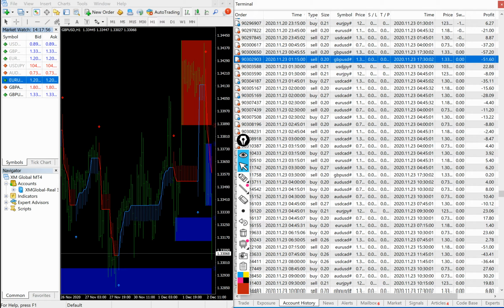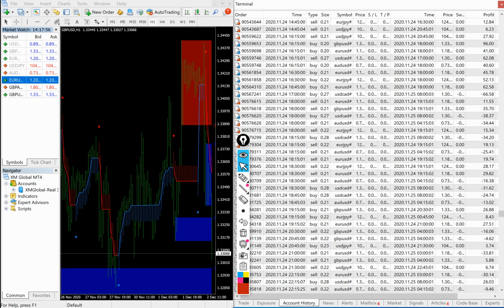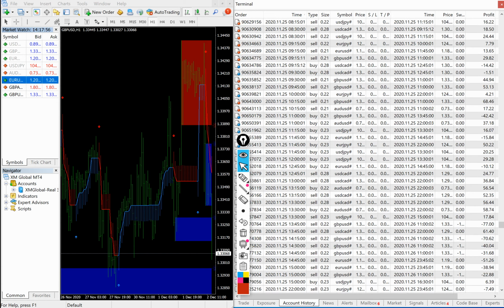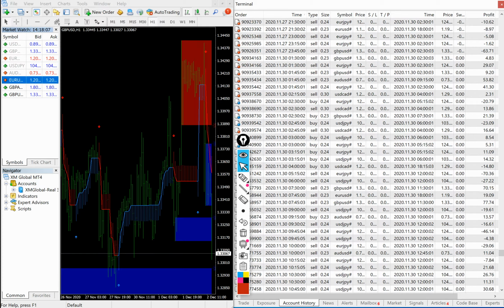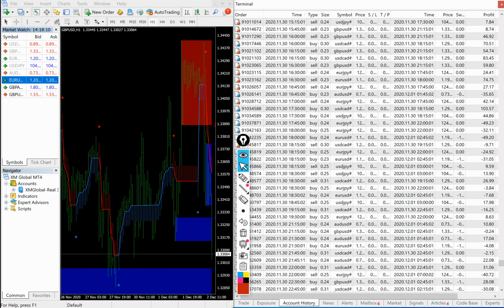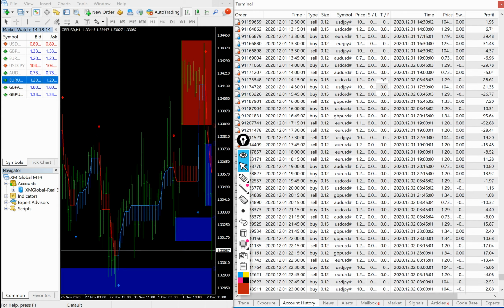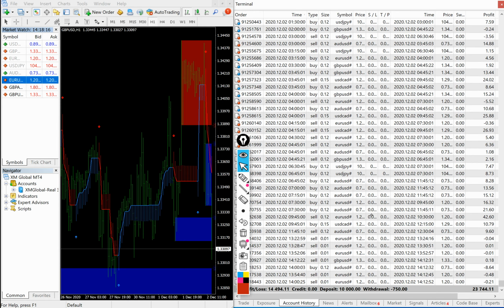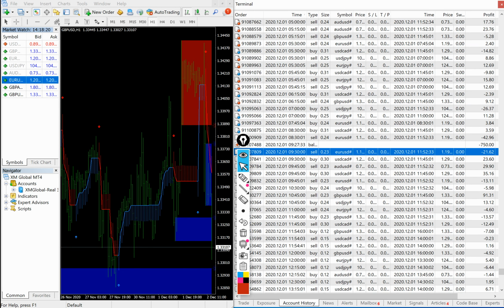Now we'll go down, and the maximum lot size that was traded on this account, we'll keep checking, was 0.31, as you can see.